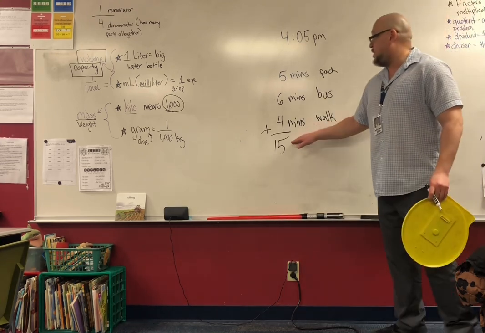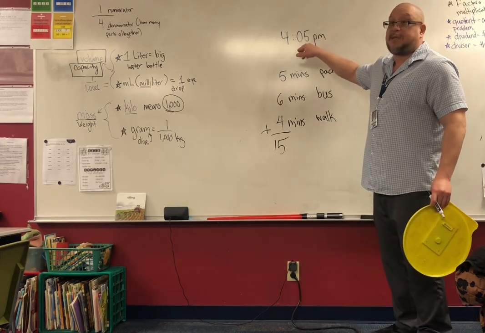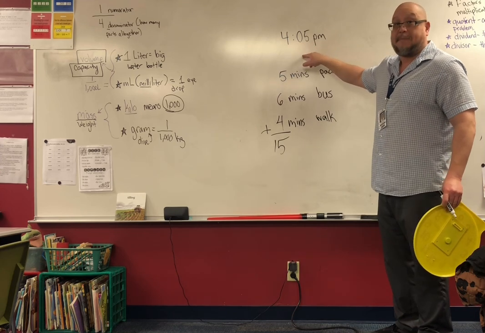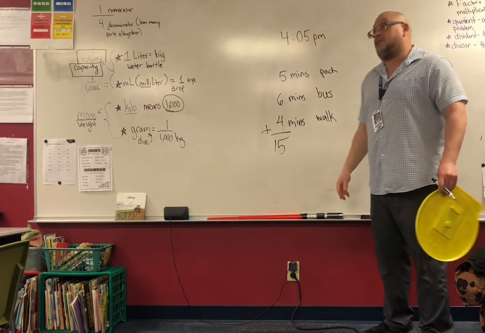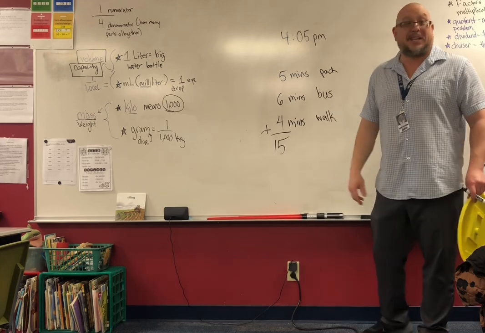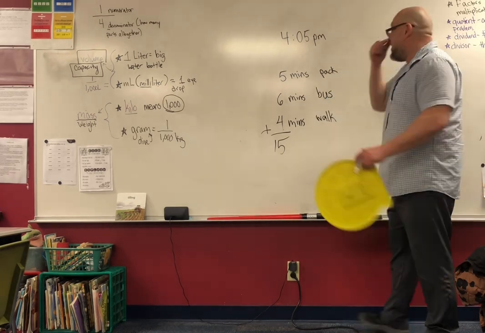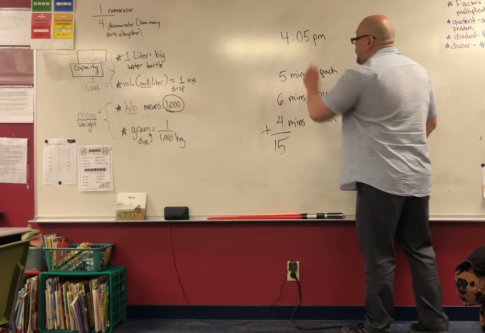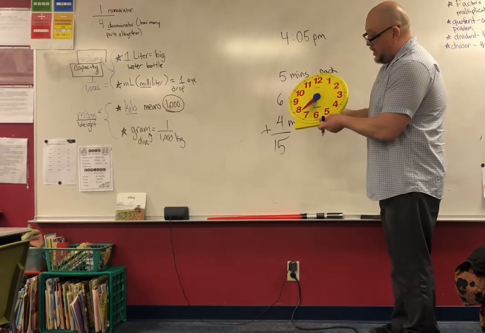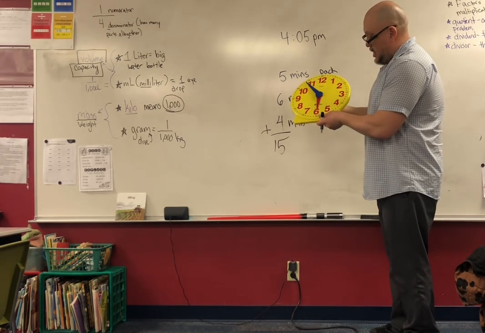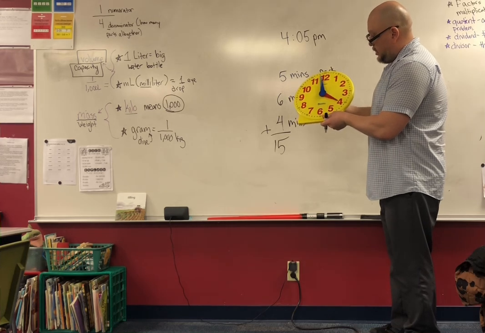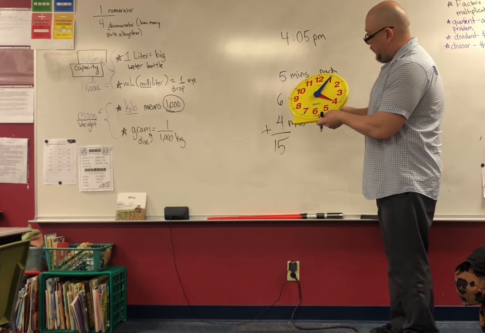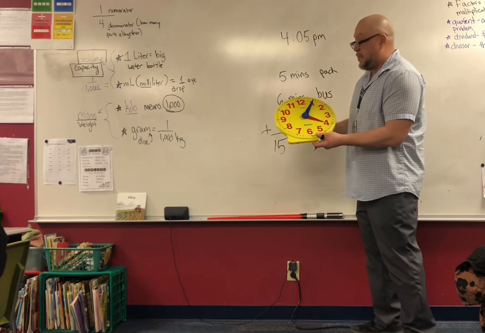Now this has to be done before I get home because I have to get home by 4:05 p.m. Mom said so because I need to let the dog out before she wets the kennel. So 15 minutes subtracted from 4:05. I can take my clock. Let's go, 4:05, 15 minutes back.